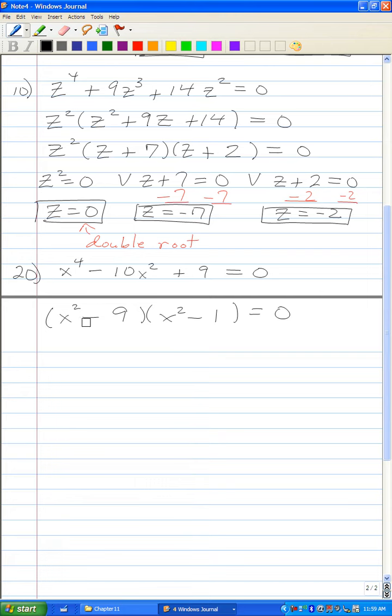So I can use my special product formula to factor each of these. So this factors into x minus 3, x plus 3, the product of the sum and difference of two terms. And this factors into x minus 1, x plus 1. I can set each of these factors equal to 0 and solve for x.